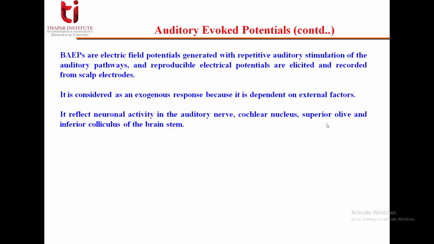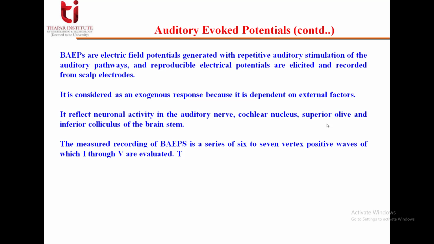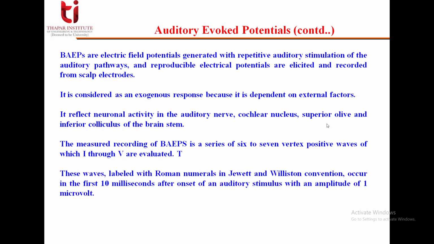It reflects neuronal activity in the auditory nerve, cochlear nucleus, superior olive, and inferior colliculi of the brainstem. The measured recording is a series of 6 to 7 vertex positive waves, of which 1 through 5 are evaluated.